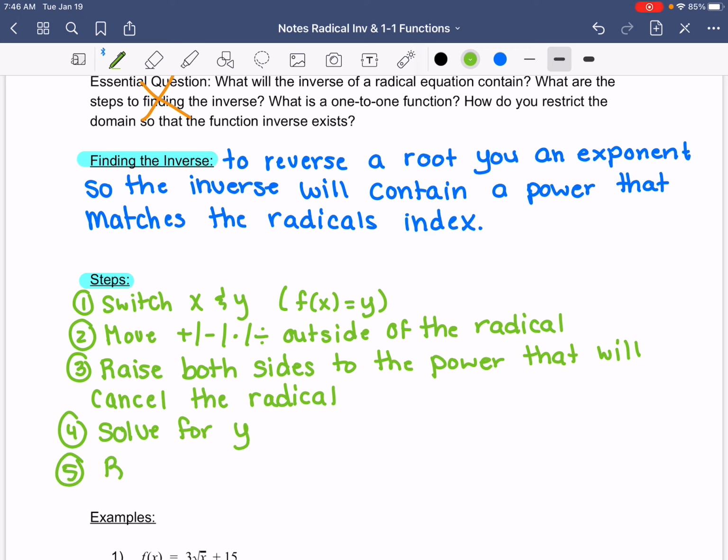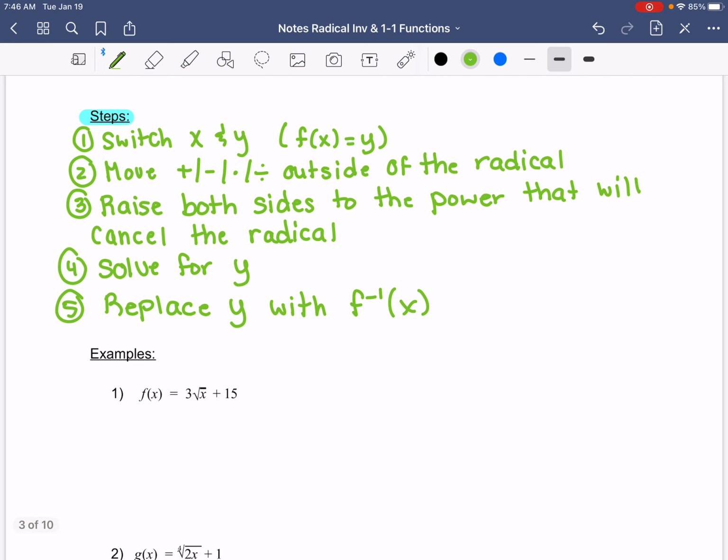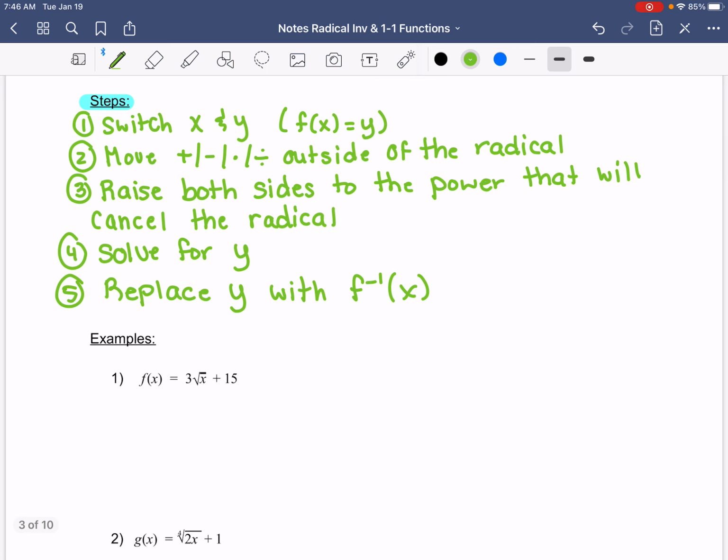And the last step is just to go back to function notation and replace y with f inverse of x, or g inverse of x or h inverse of x, whatever the original problem had.